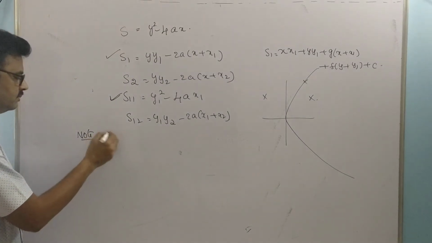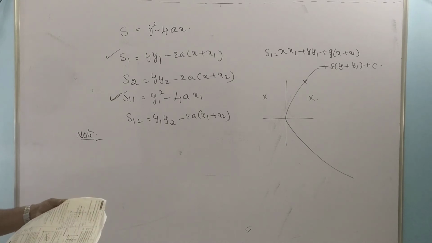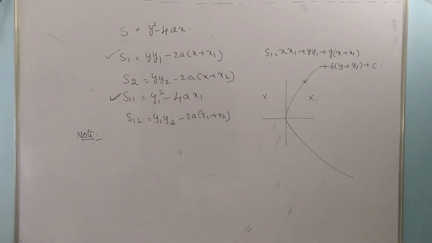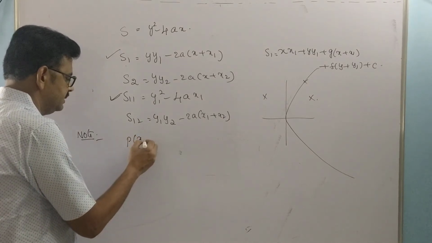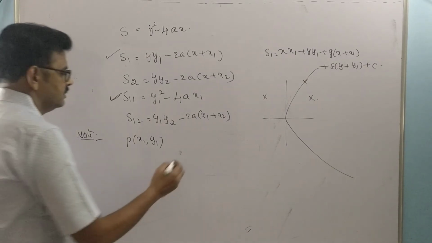Okay? Write down. Let P(x1, y1) be a point in the plane of the parabola S equal to 0.